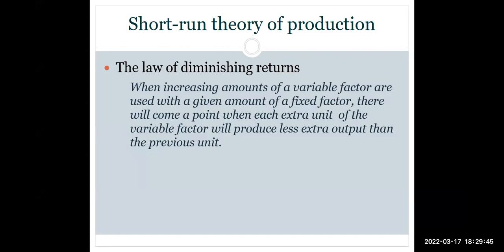The reason is that we don't have enough capital, or the capital is not increasing at the rate of the increase in the labor. Labor in Pakistan is increasing at a higher rate and capital is increasing at a lower rate. So for a small available amount of capital, we have a very large number of people working on that capital. That is the reason people are working on less number of machines. There are more people and fewer machines.